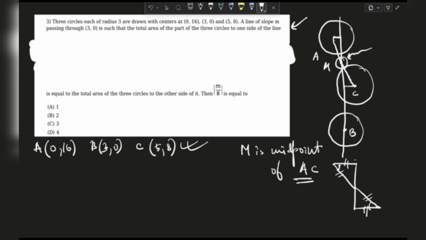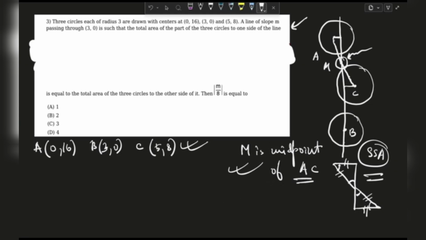Also you will have a vertically opposite angle, right? So it is sort of SAS. You can prove it either using congruency or using similarity of triangles. Either way you will get this particular thing. So I'm not going into that explanation.